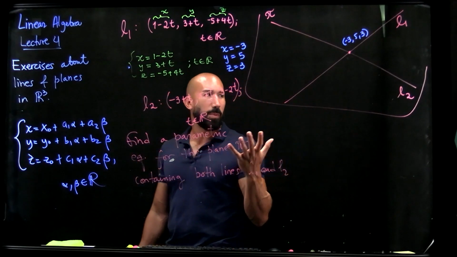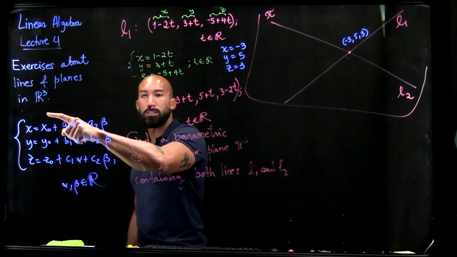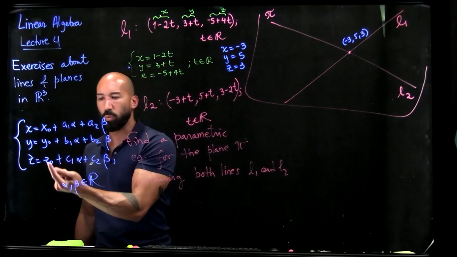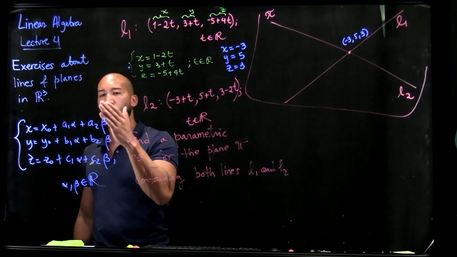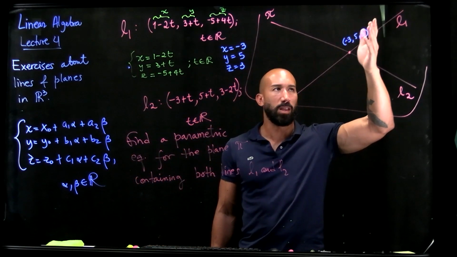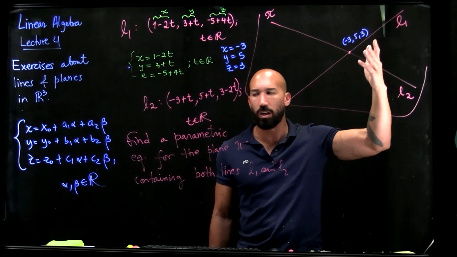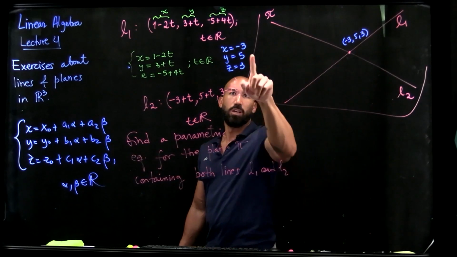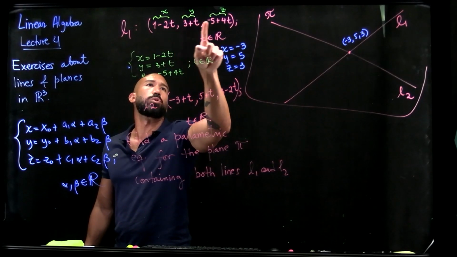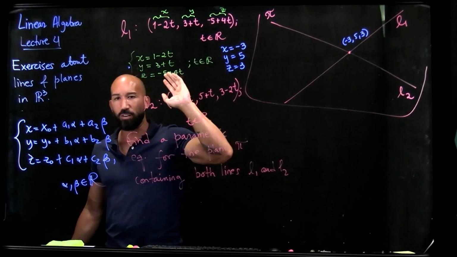So if we want the parametric equation of the plane pi, what we need to find are the point x0, y0, z0, and the vectors a1, b1, c1, and a2, b2, c2. But if the plane contains these two lines, any point on any of these two lines is on the plane as well. And we already have 1 point here, or another point here, 1, 3, minus 5, or put any value for t here, or any value for t here.